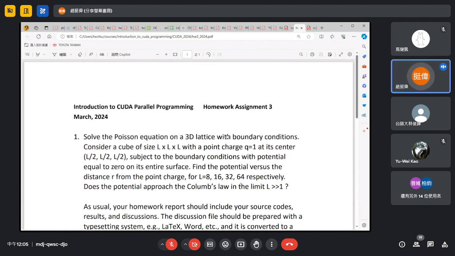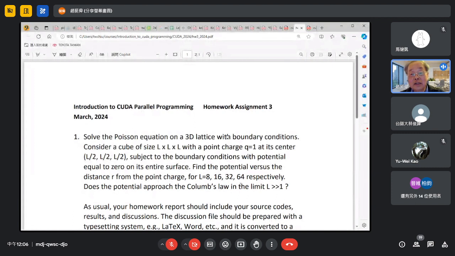If the sites run from 0 to 7, so 0, 1, 2, 3, 4, 5, 6, 7, and the boundary is at 0 potential, then at the center you have two options.